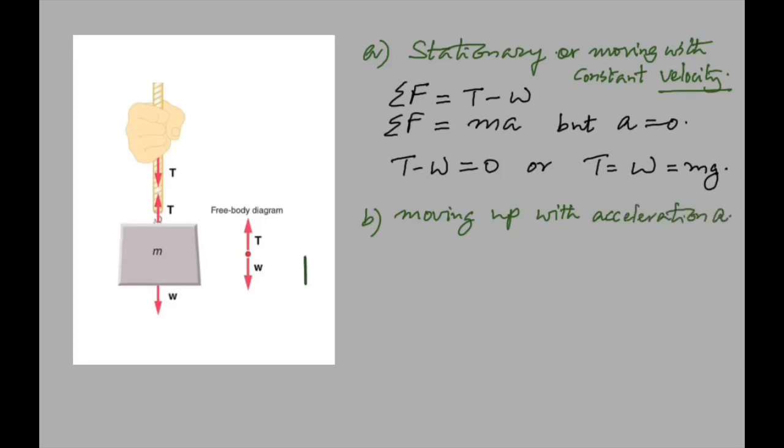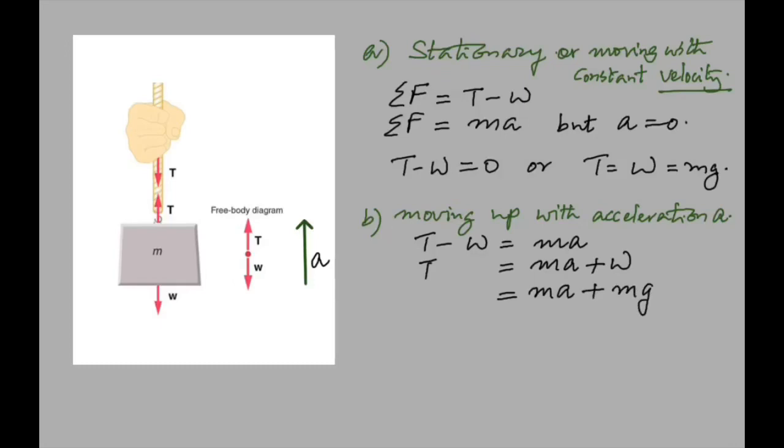But this time you're not going to set it equal to 0, because there is an a. So this time you're going to say tension minus weight is ma. You cannot set it equal to 0 because there is an a. So now you pull the weight to the other side, and weight is mg. So you get T is equal to ma plus mg.